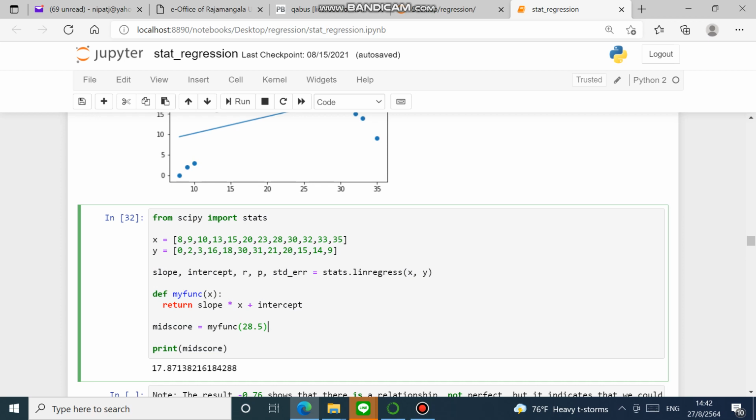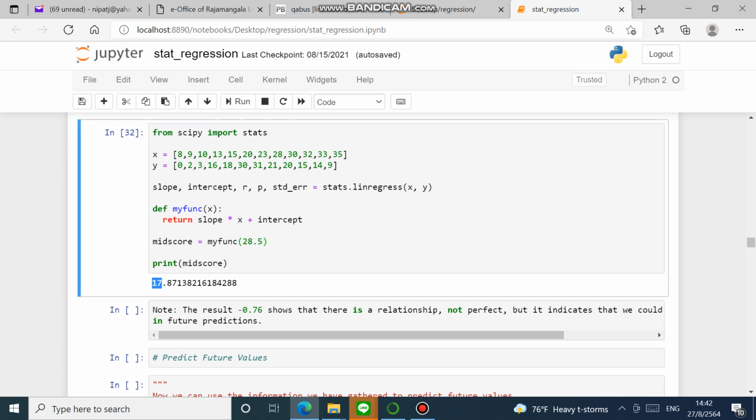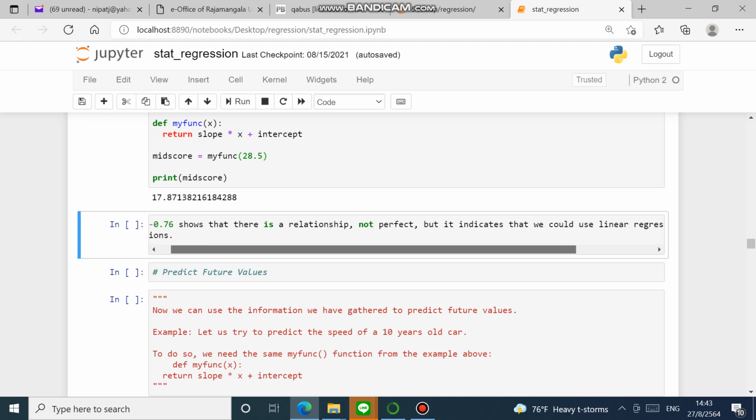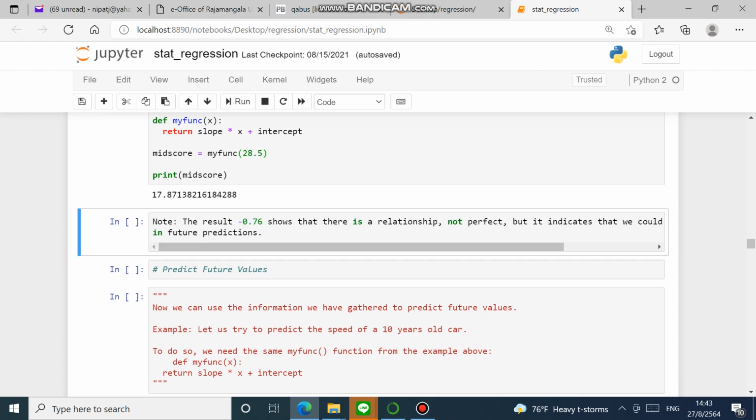In this case, very easy. The answer is 17.87. The result, minus 0.76, shows there is a relationship but not perfect, but it indicates that we would use linear regression in future prediction.